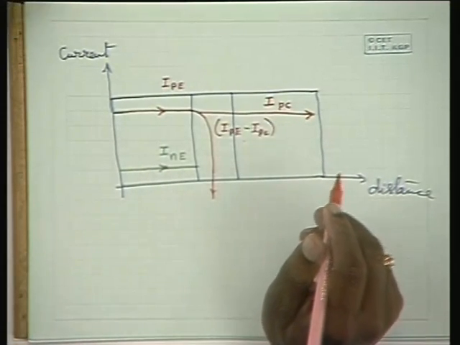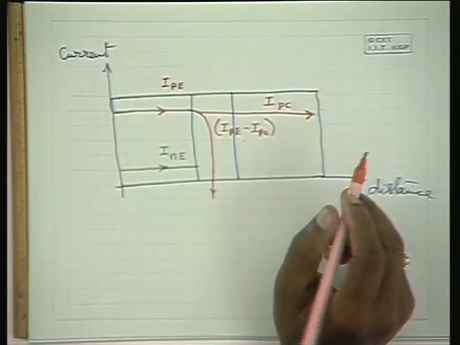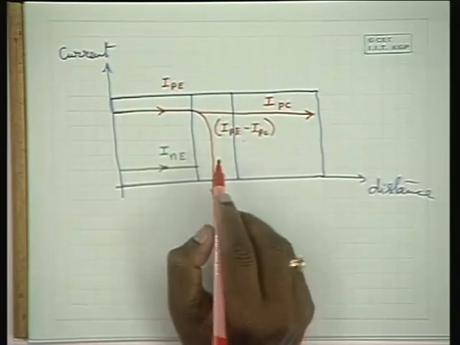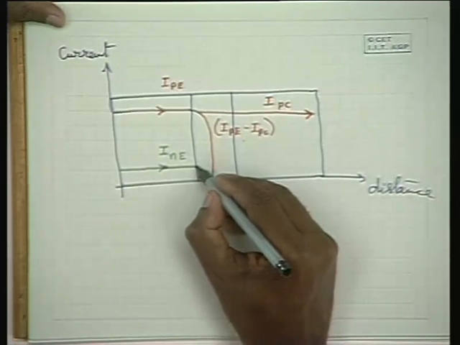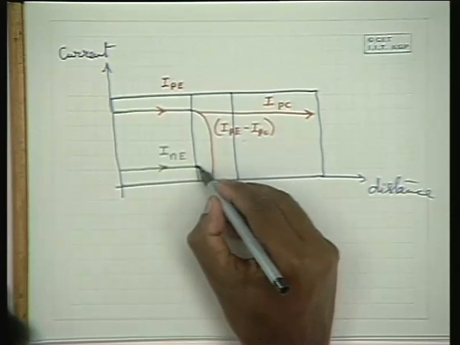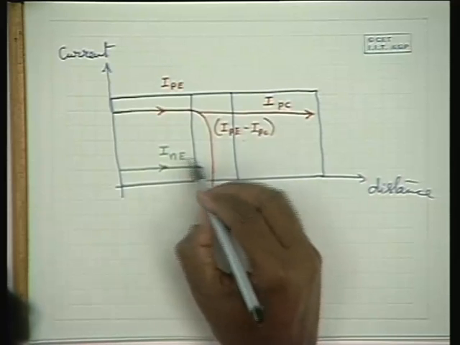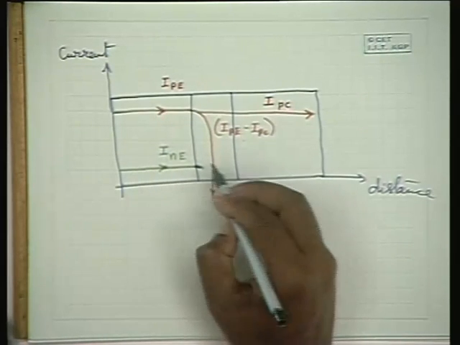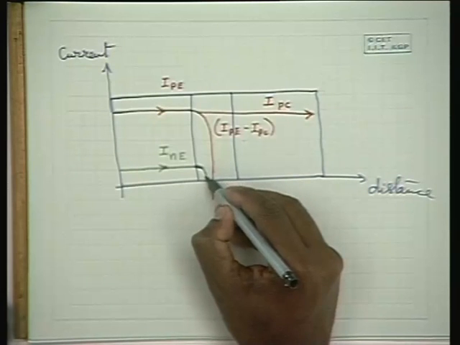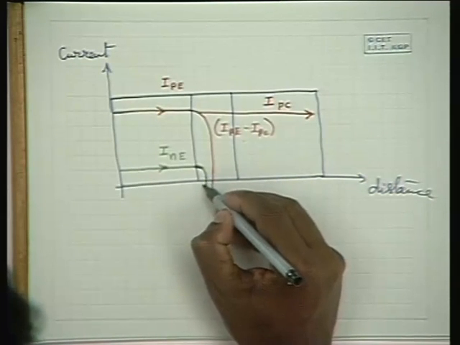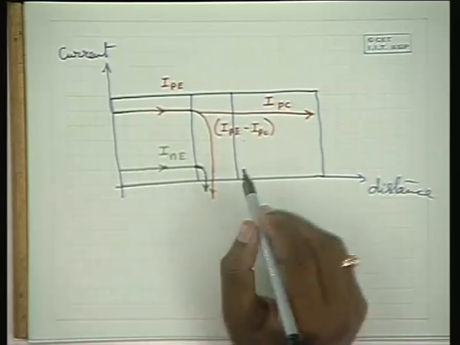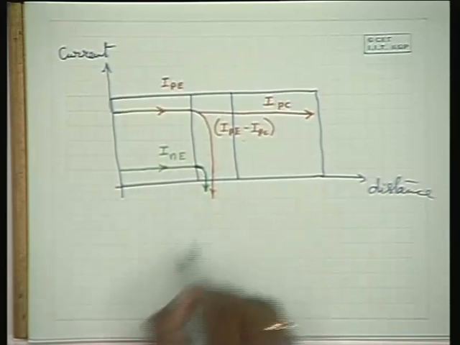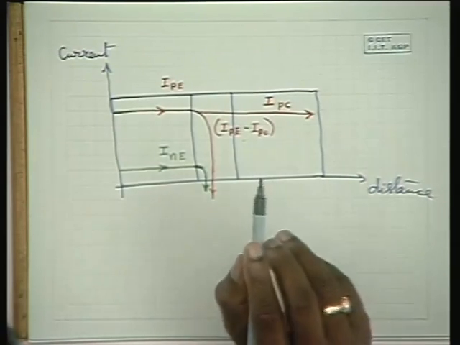This is what happens with the diffused part of the charged particles, and this particular current is because of the diffusion from the base side into the emitter side. Therefore this current also contributes to the base current, because it is coming from the base region into the emitter region, and this current is drawn from the base side circuit.